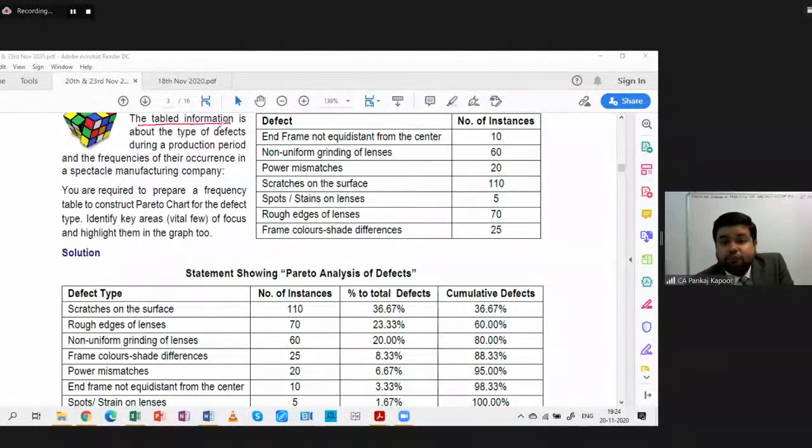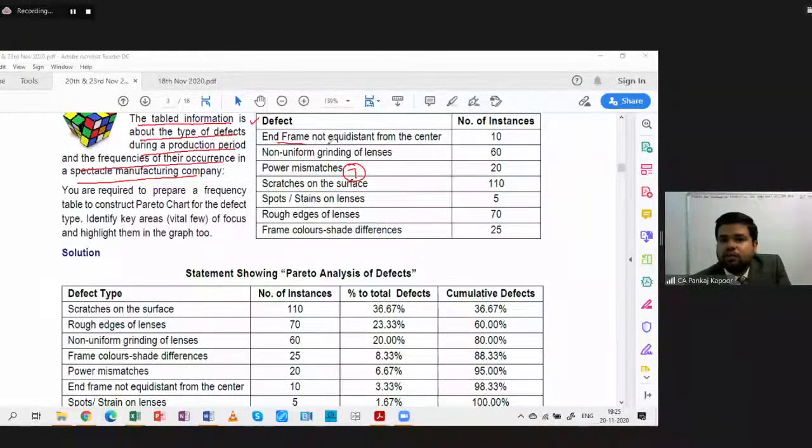The tabled information is about the types of defects during the production period and the frequency of their occurrence in a specs manufacturing company. So there is a particular company which is making spectacles, and they are facing these 7 sorts of defects. What are the defects?